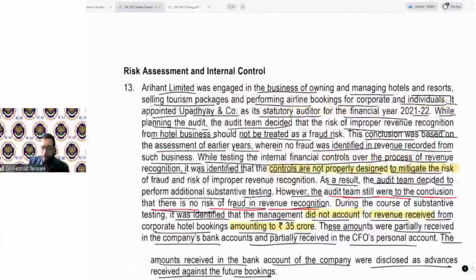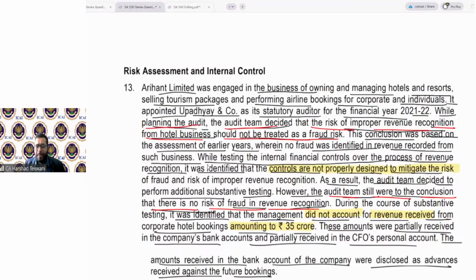So the audit team here, in the question itself, it is mentioned that while planning, the audit team decided that the risk of improper revenue recognition from the hotel business should not be treated as a fraud risk.